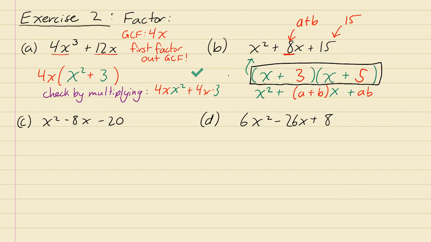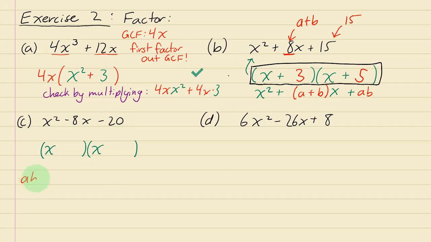All right. This one, it's a little trickier when you have negative numbers. So let's think. We want two numbers that multiply to make a negative 20.